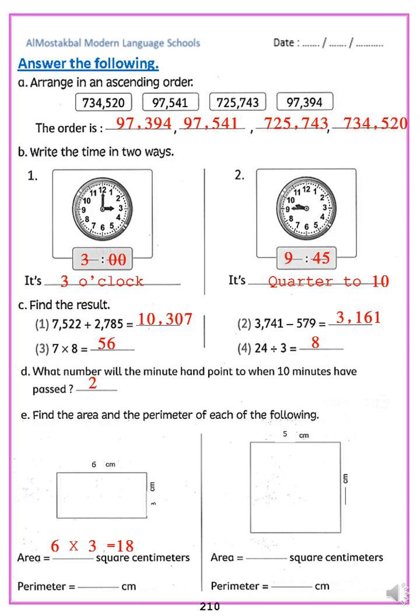The perimeter here is 6 plus 3 plus 6 plus 3 equals 18. Okay, the next shape, the area is 5 by 5 equals 25. The perimeter is 5 plus 5 plus 5 plus 5 equals 20.